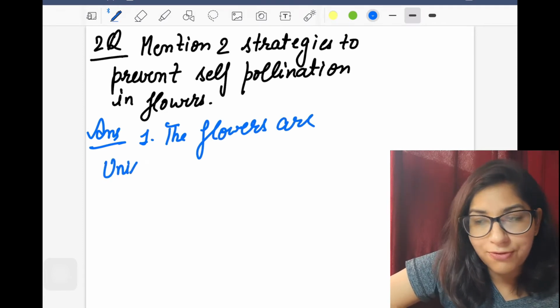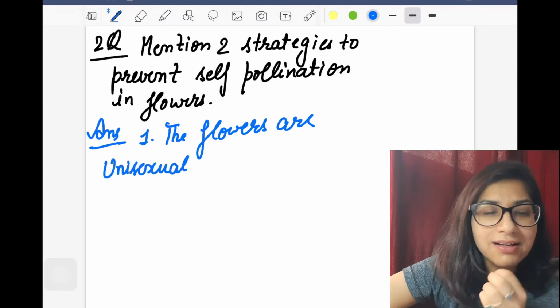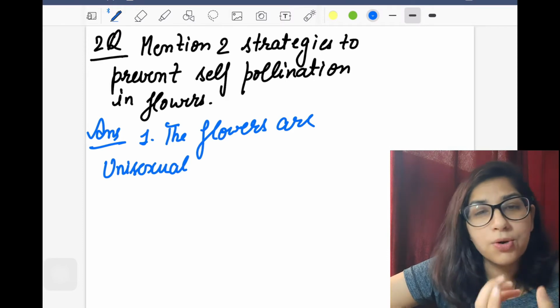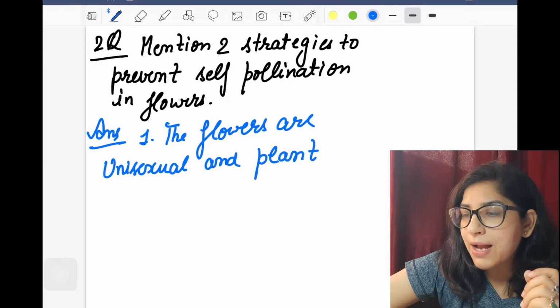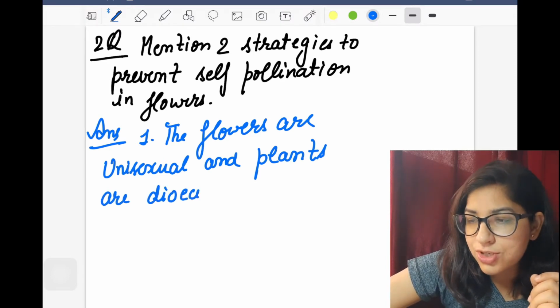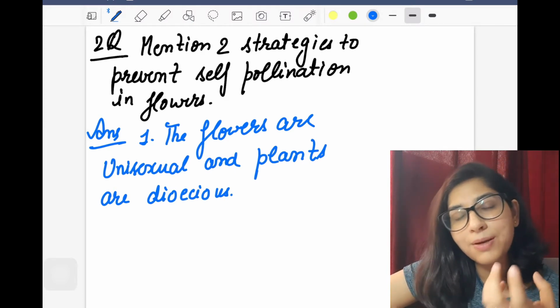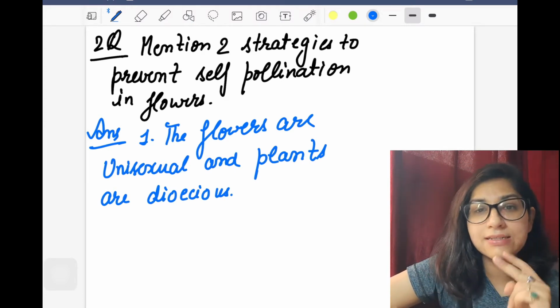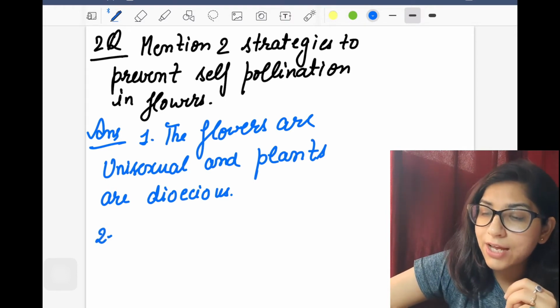For plants we use other terms, monoecious and dioecious, so you can write down that the plants are dioecious. Unisexual is usually the word we use for the animal category, but here for plants we use two very technical terms, monoecious and dioecious.